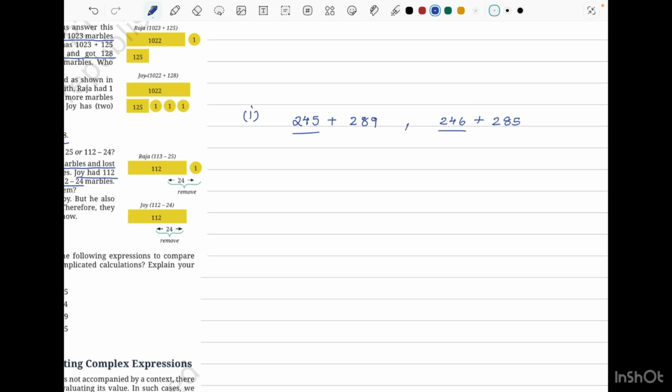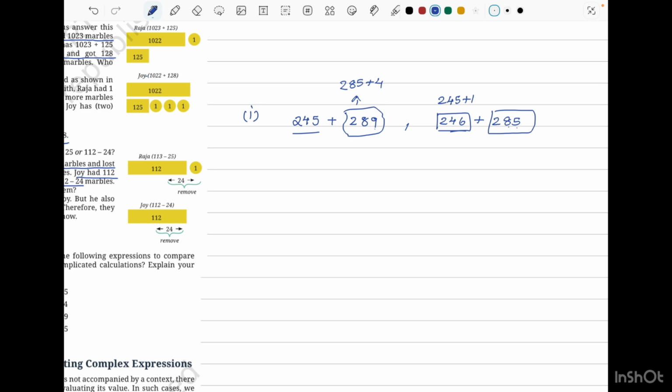So take these two numbers. We can split the greater number like this: 245 plus 1, and taking these two numbers, we can split this number as 285 plus 4.